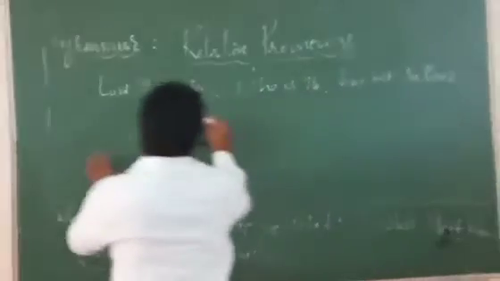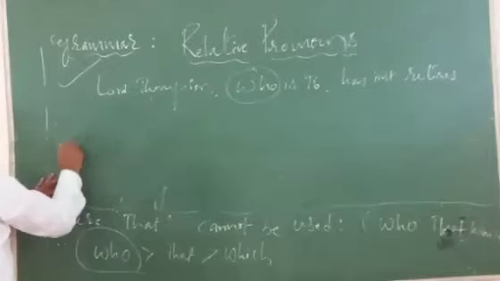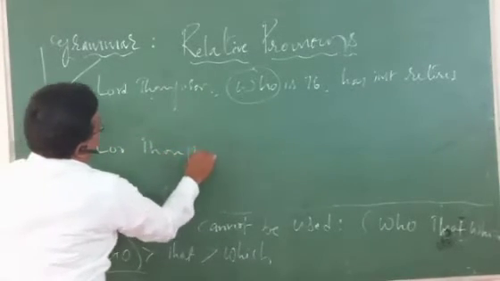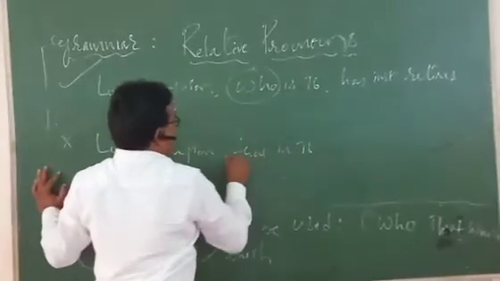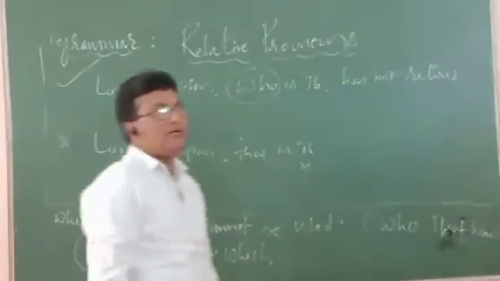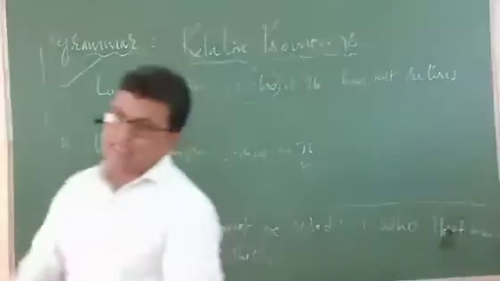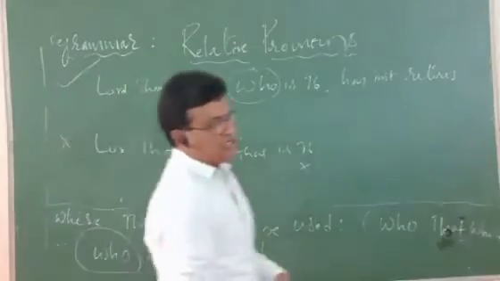This is the right way of usage, but the wrong way of usage is Lord Thompson, that is 76. So it is a formal sentence where we cannot use that, because who is more formal than that. So the relative pronoun that cannot be used in this.